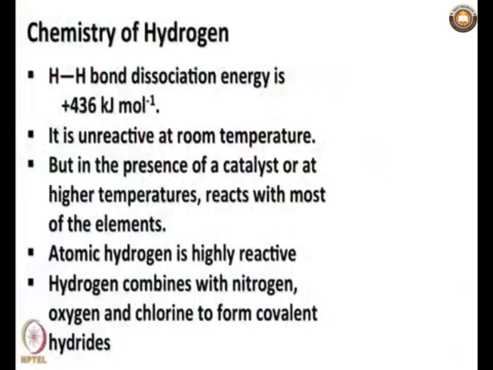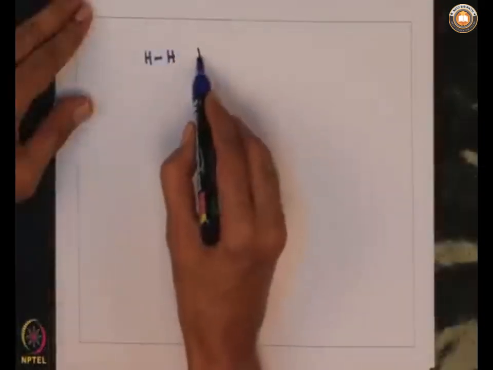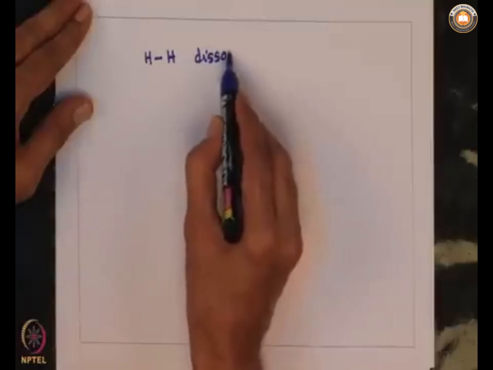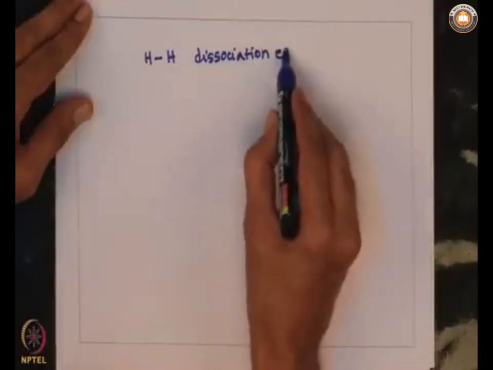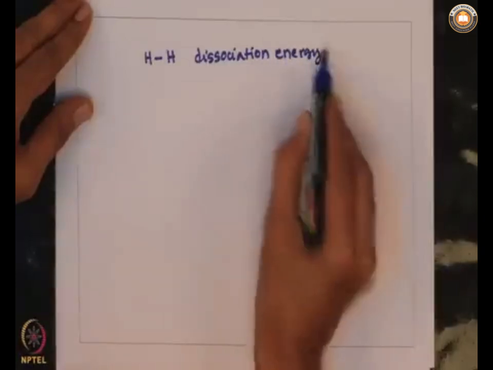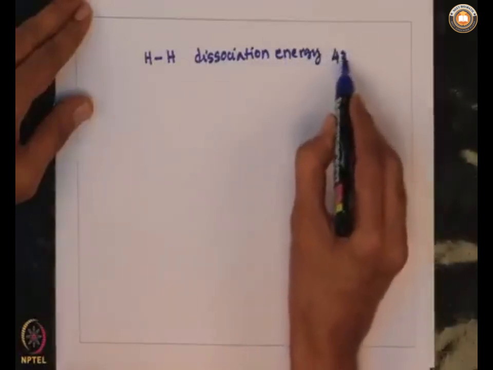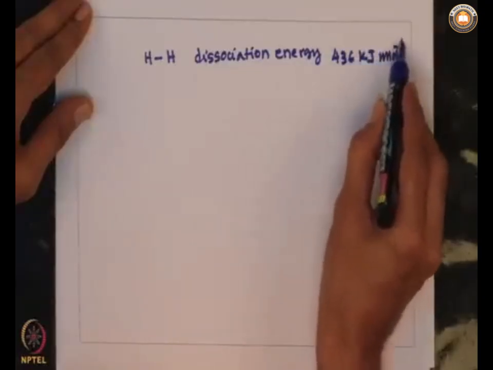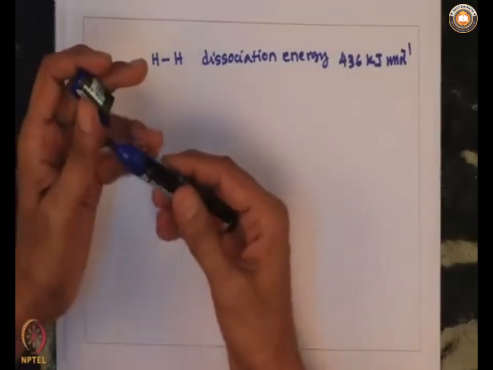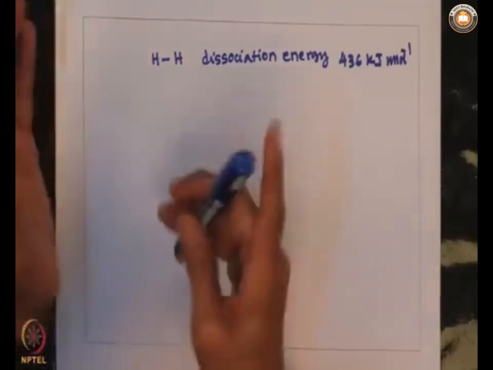Okay. So, chemistry of hydrogen is quite interesting. The hydrogen bond dissociation energy is 436 kilojoules per mole. This is the highest for any combination of two atoms with a single bond.